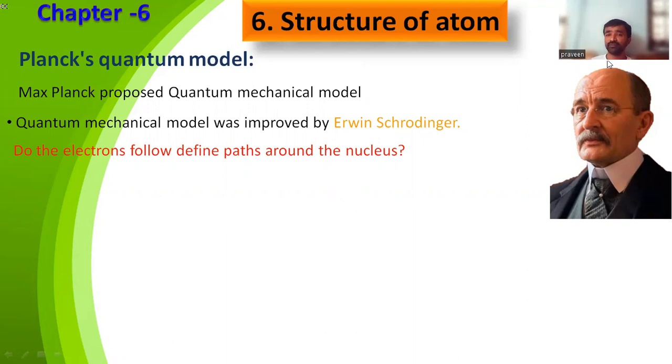What are you understanding at your level? Do they maintain a definite path around the nucleus? Can anybody agree? What happens if they do not maintain a particular path? Rohit.